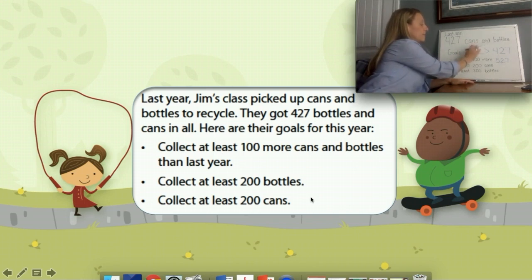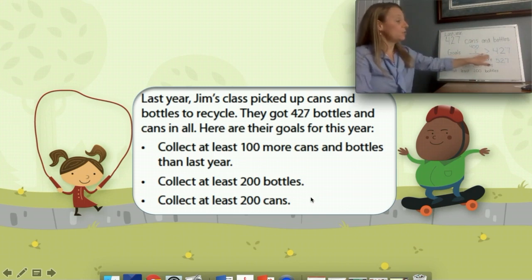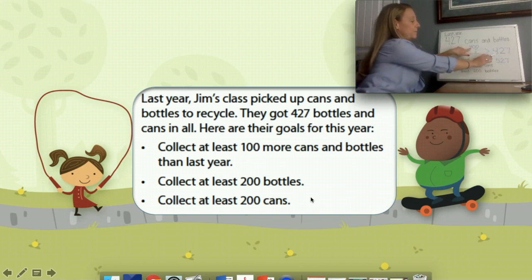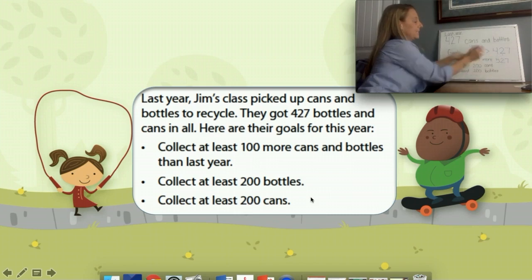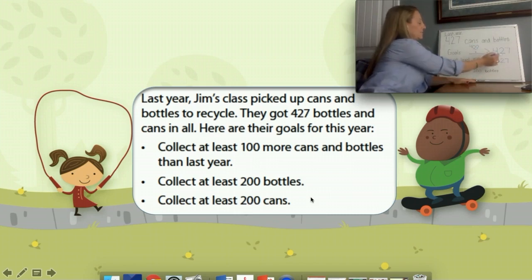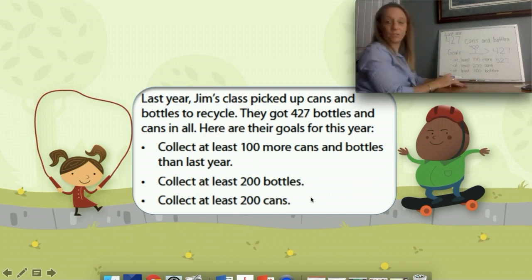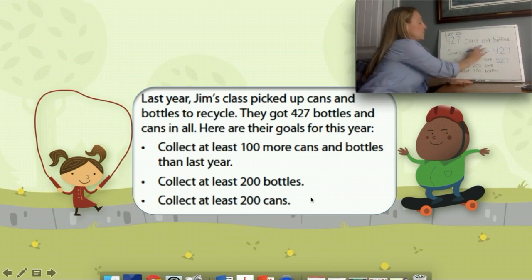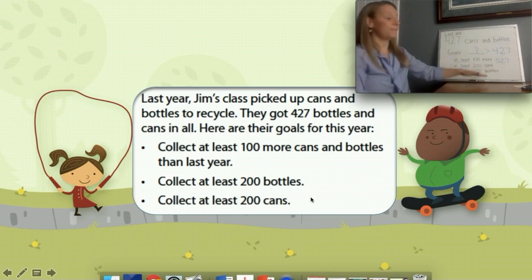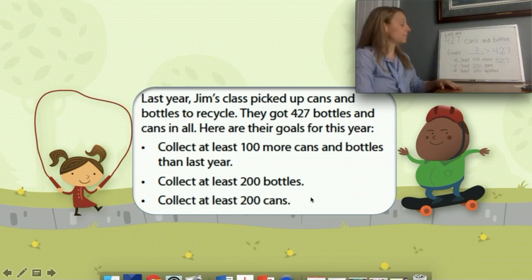I dropped my eraser on the floor, so I'm going to use my finger. Is 400 greater than 427? No, it's not, because if we compare our numbers in the hundreds, we have 4s, but not our number in the tens. No tens is not greater than 2 tens. So 400 won't work. So we know we're going to have to come up with some combinations.